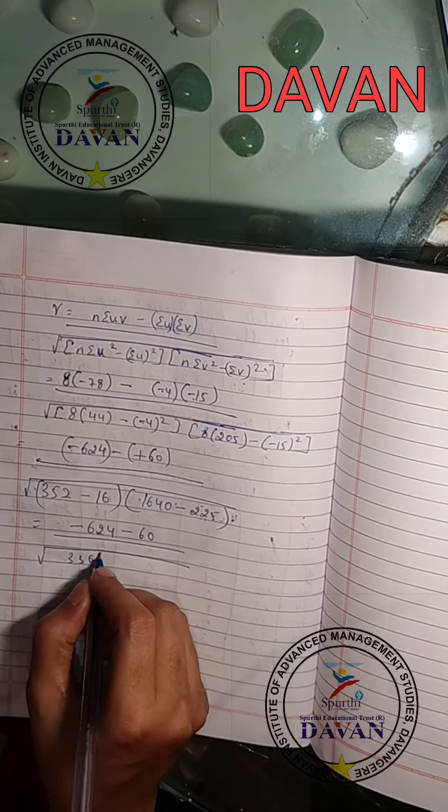On simplification you get minus 0.9912. Now the value is greater than 0.65 but you have a negative sign, so this shows a higher degree negative correlation.